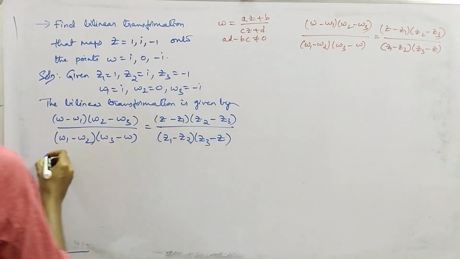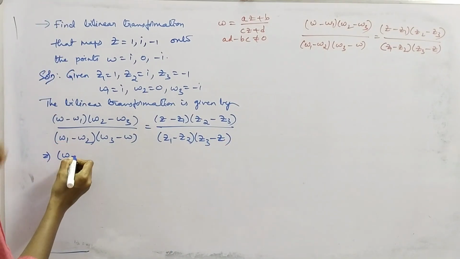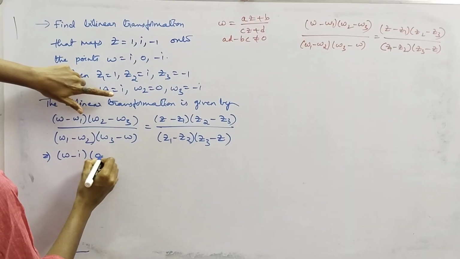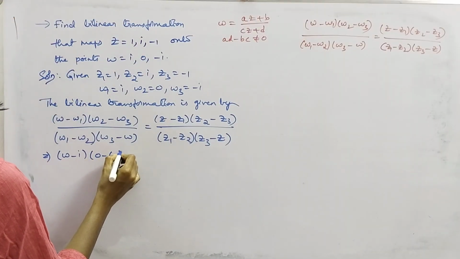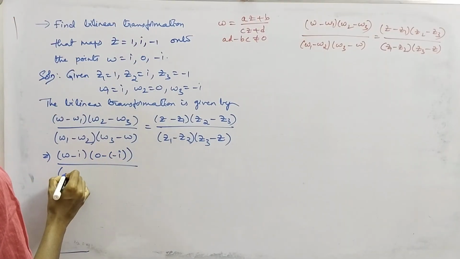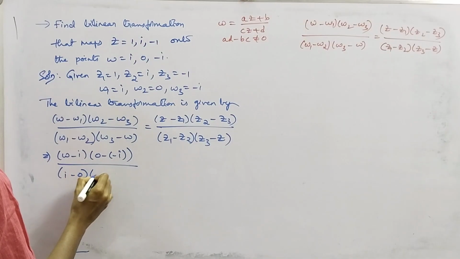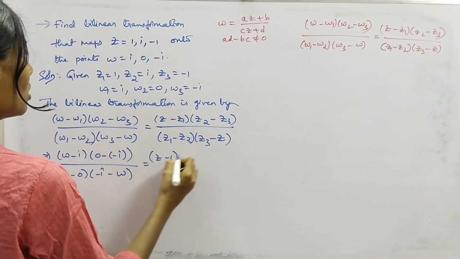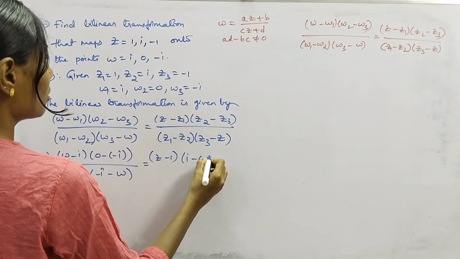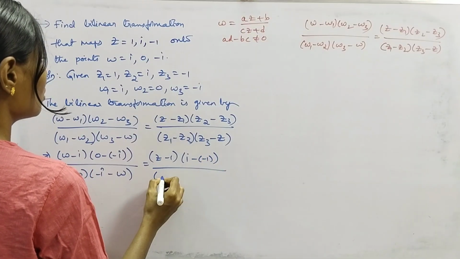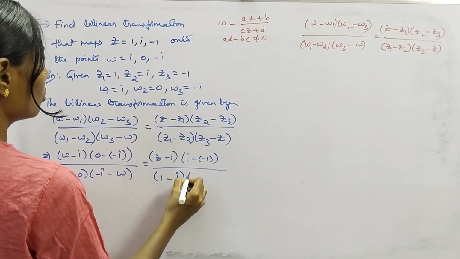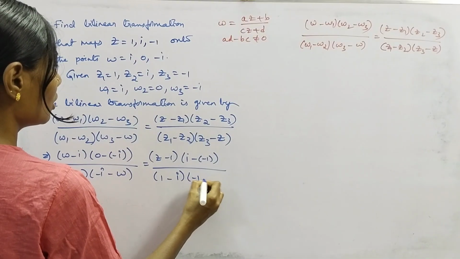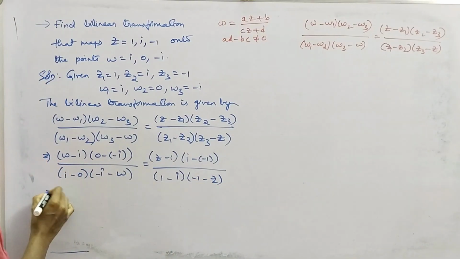Okay, let's just substitute the values. You'll get omega minus i into 0 minus of minus i by i minus 0 into minus i minus omega equal to z minus 1 into i minus of minus 1 by 1 minus i into minus 1 minus z. Just simplify it.